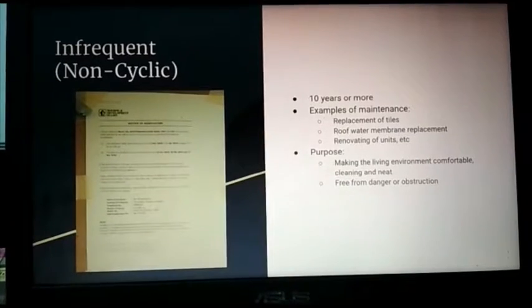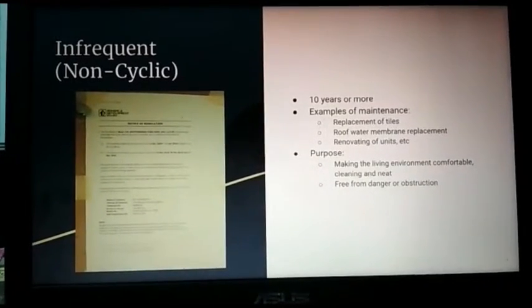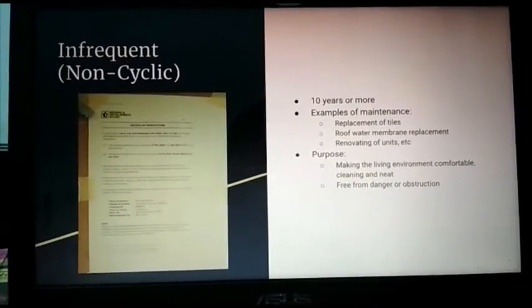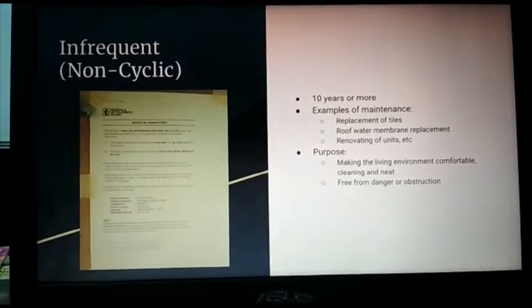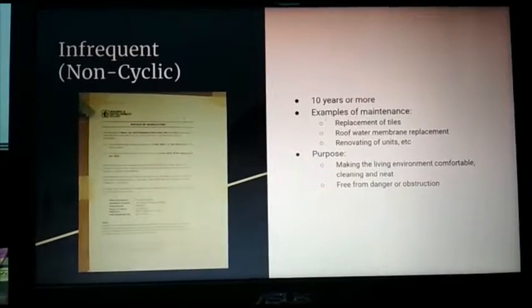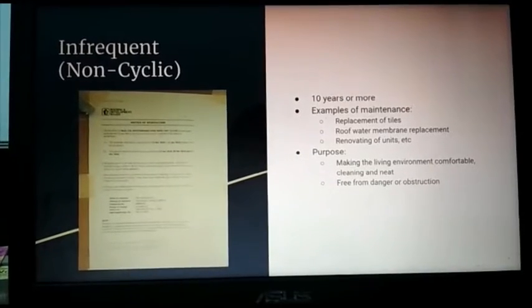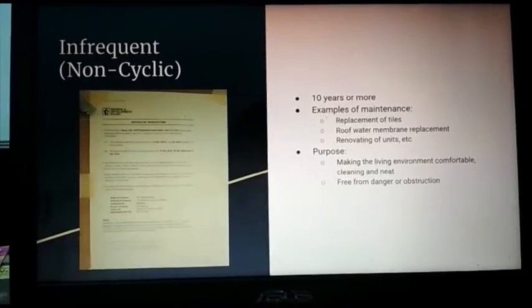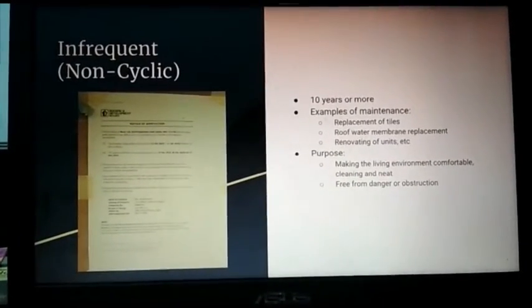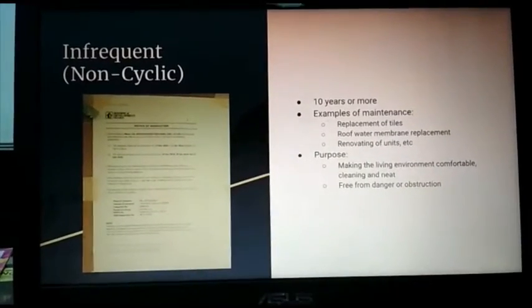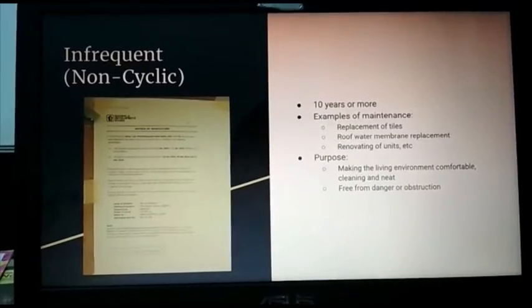For non-cyclic, the maintenance work is done in 10 years or more. Examples are replacement of tiles, roof waterproof membrane replacement, and renovating of units. The purpose is to make the living environment comfortable, clean, and neat, and also free from any danger or obstruction.